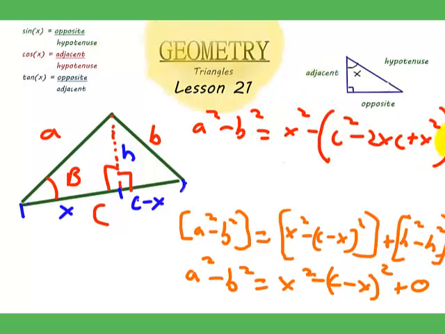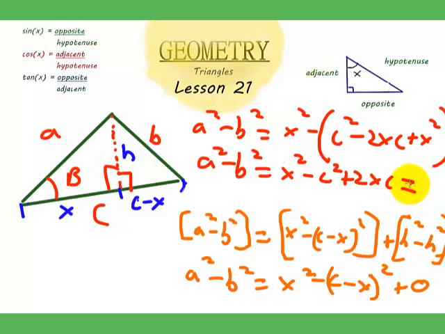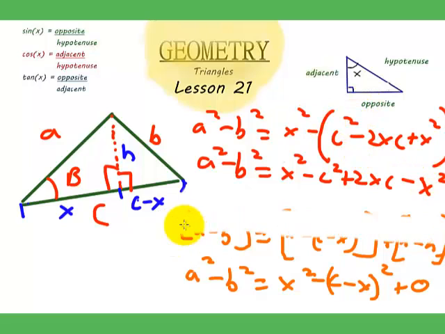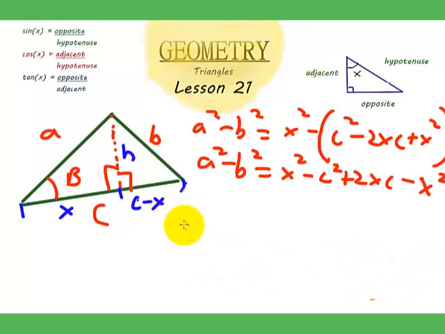Now, don't forget the brackets, as the negative might be a bit confusing. So a squared minus b squared equals, and now expanding the negative in, we get negative c squared plus 2xc minus x squared. So let's rub this out down here, and as you can see up the top, the x squares cancel out. Yay! This makes our lives a lot easier.